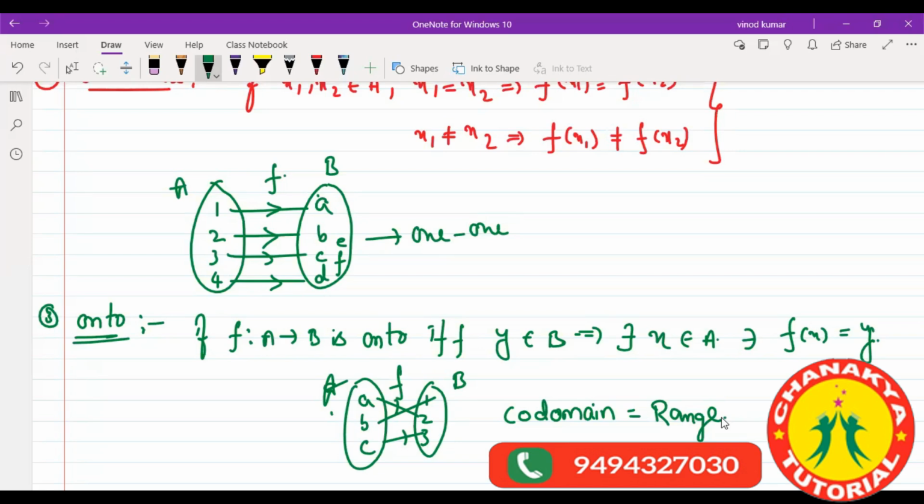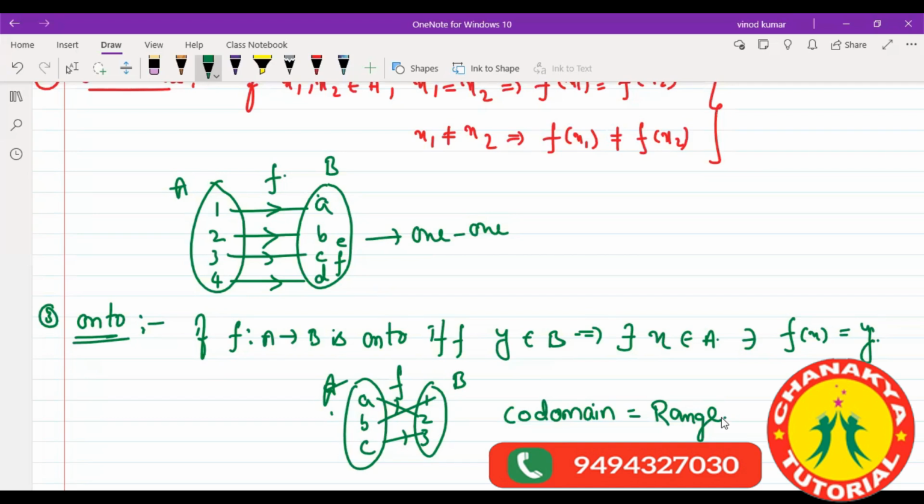That is why each x value in A is mapped with a unique value in B. Only one: a single seat for a single person. No two persons will be mapped to one seat. If one element is mapped with two elements, that is not a function.